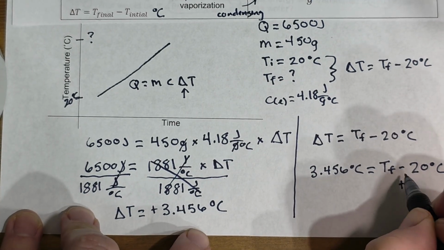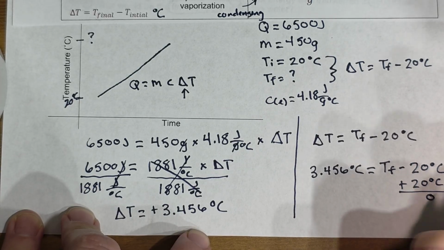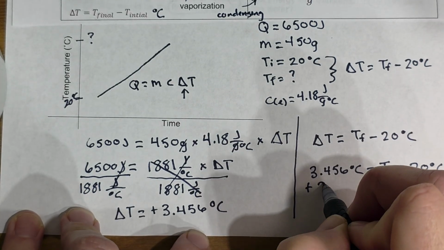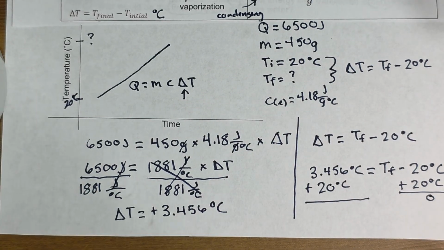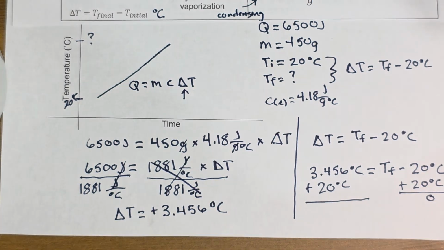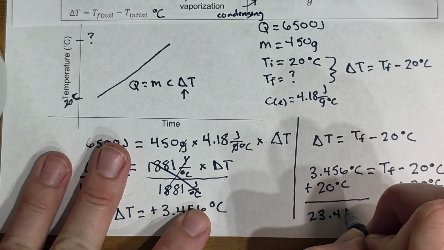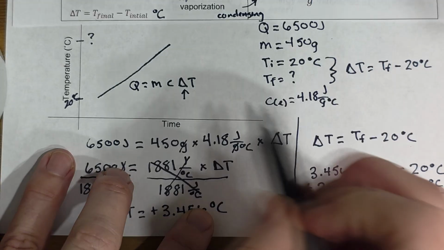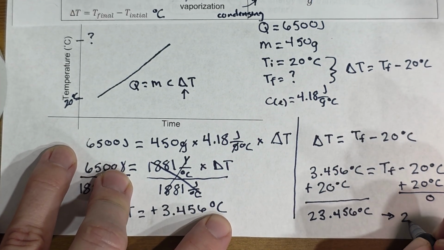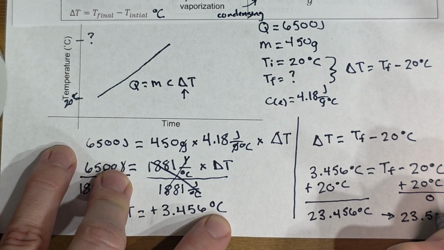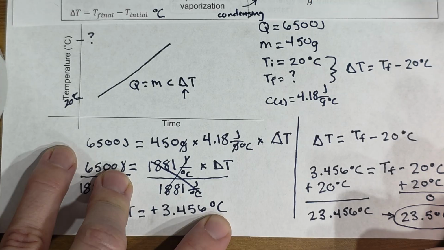I'm going to add, because this is subtracting here, plus 20 degrees Celsius, and I get that my final temperature is 23.456 degrees Celsius, and I want that to be in 3 sig figs, which is 23.5 degrees Celsius is my final temperature.